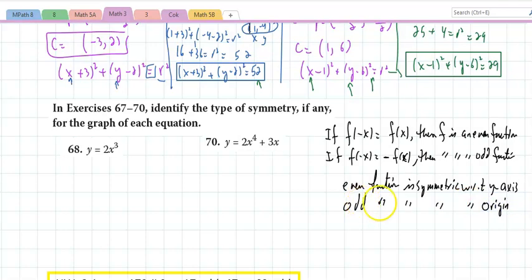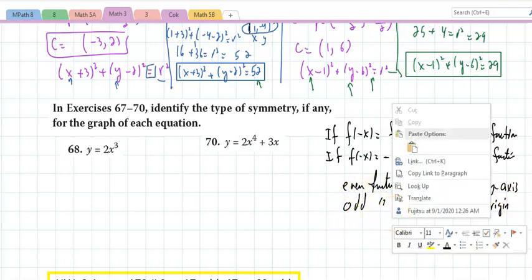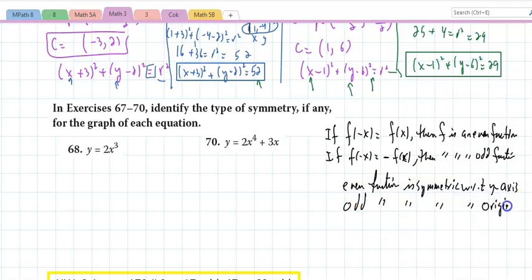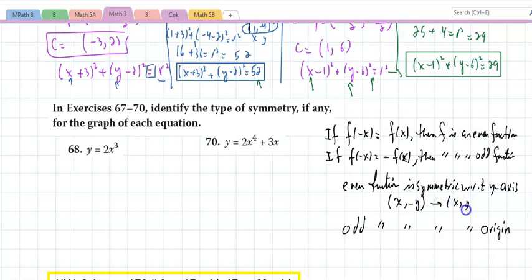What this means, for an even function, if you replace x by a negative, the point stays on the graph. And for an odd function, if you replace x by a negative and y by a negative, the point stays on the graph. Again, we're going to elaborate on that once we get to 3.4 and 3.5.